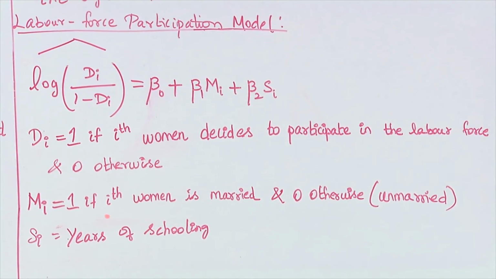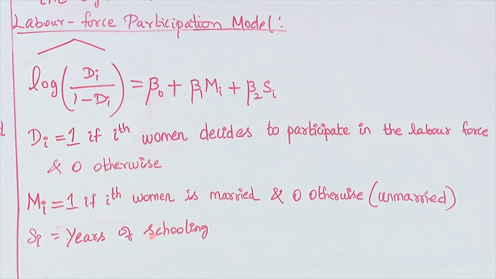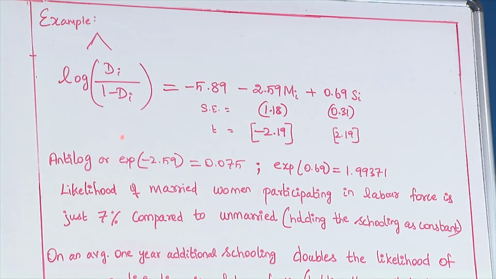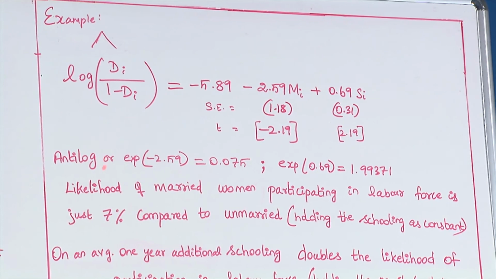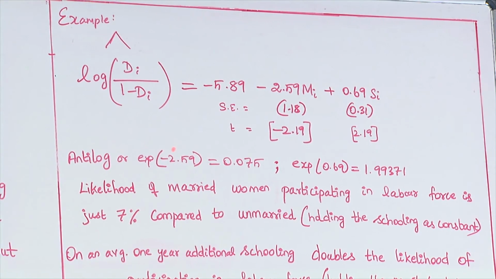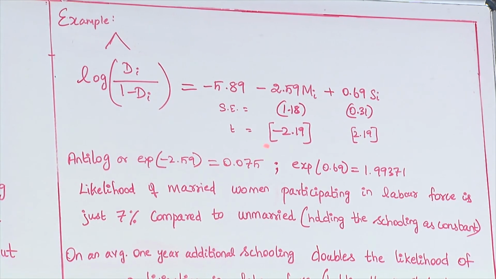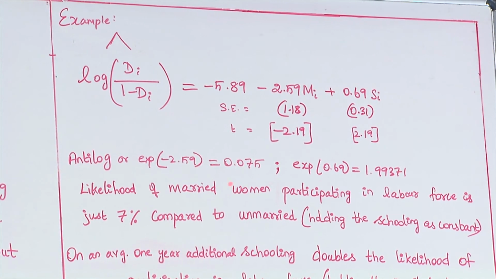Now you have a kind of ANCOVA model, and the coefficient has to be interpreted as you do in the ANOVA model. That has to be kept in mind, but the dependent variable here is LOGIT. Let us take one estimated result of the labor force participation model. The coefficients are significant, as we see in the t values.